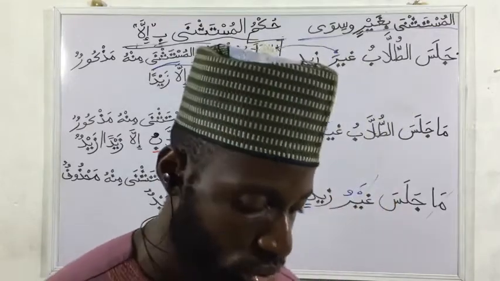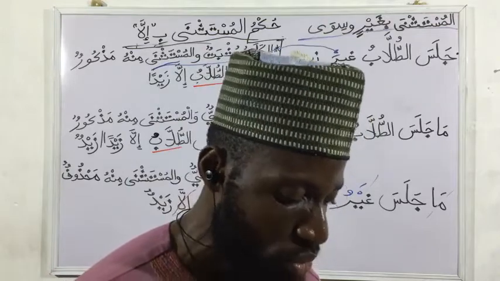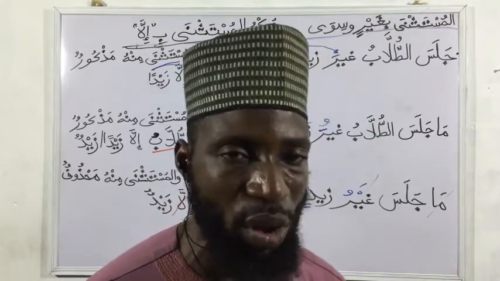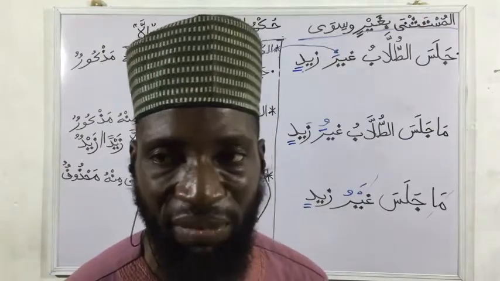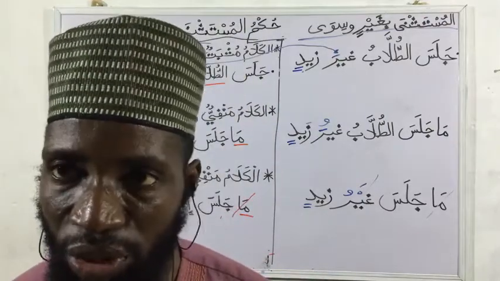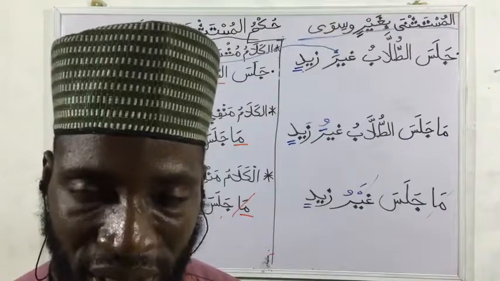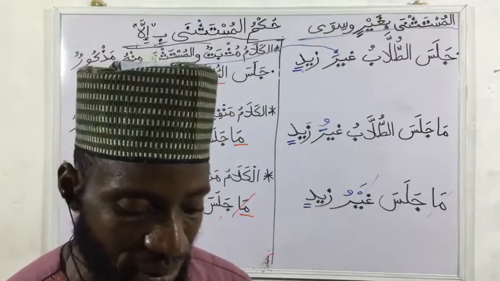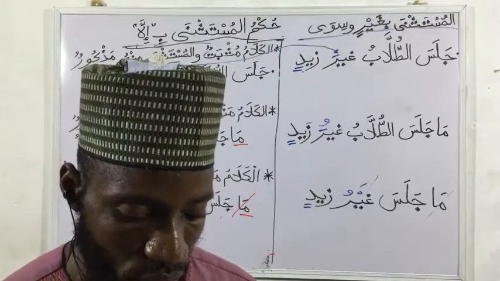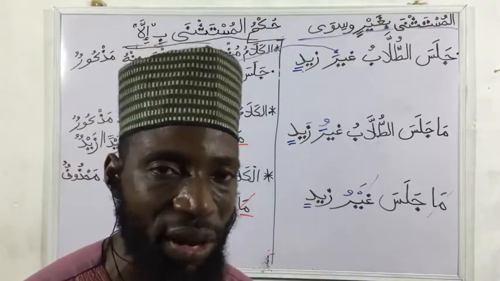Do you get now? Lam yaftaris adh-dhi'bu: the wolf did not prey. What is the verb, or what is the attack? The wolf is preying on something. What is being preyed on is missing in this sentence. So lam yaftaris adh-dhi'bu ghayra shatin. Why is it ghayra?